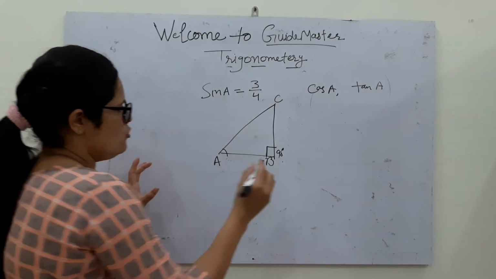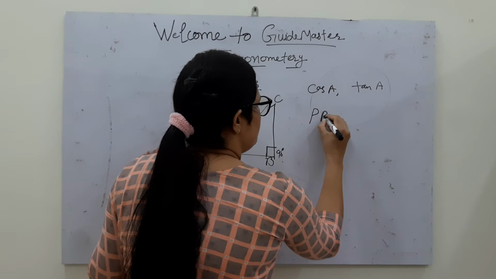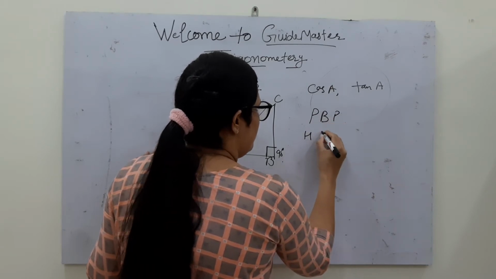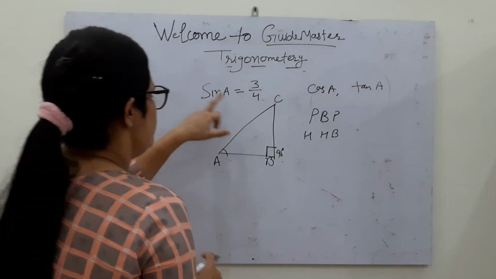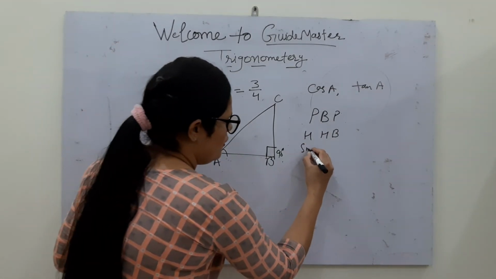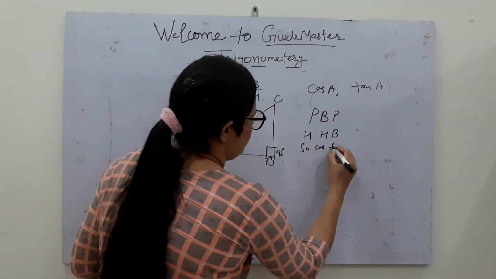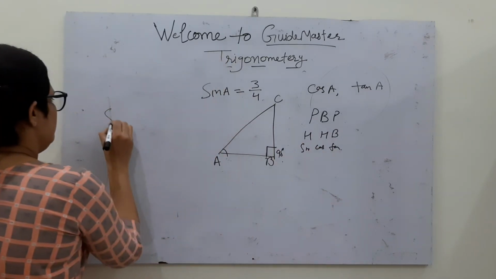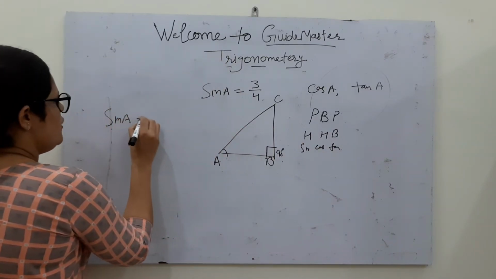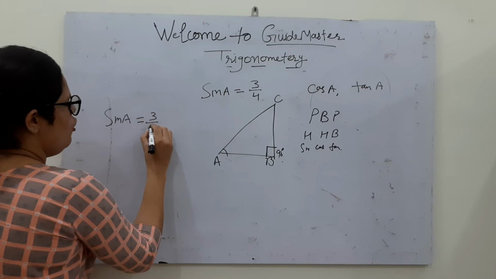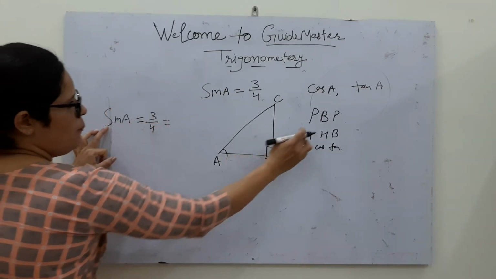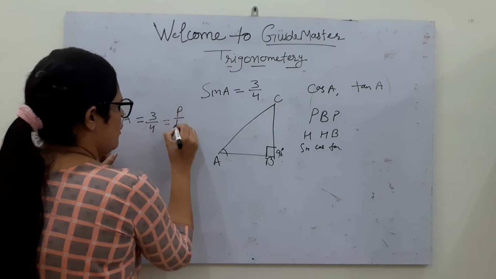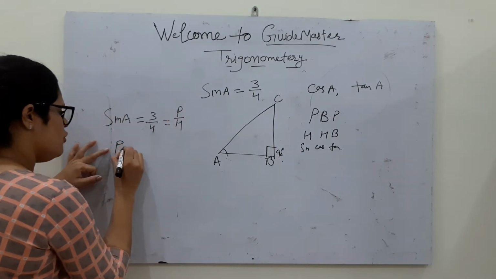Again we are using Pandit Badri Prasad Har Bole. This is the sin, this is the cos, and this is the tan. Now sin A is equal to 3 by 4, or again you can say sin A is equal to P upon H. Here P is 3.